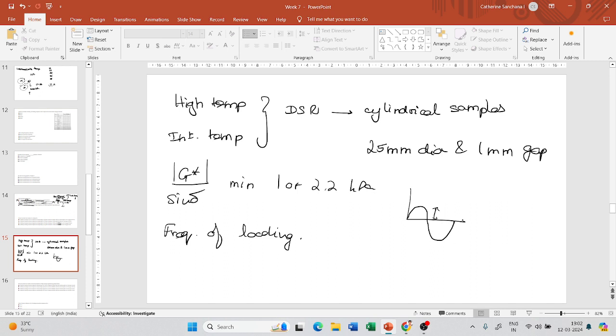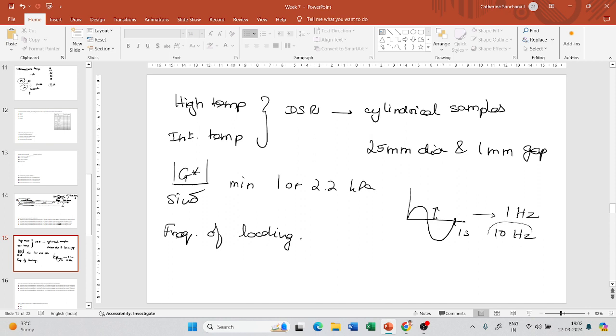This is one sine waveform. If one sine waveform gets over in 1 second, I will call the frequency of the waveform 1 hertz. If I finish 10 cycles in 1 second, then my frequency is 10 hertz. So when they say 10 hertz, it means that in 1 second, 10 cycles of this sinusoidal waveform are going to be complete.